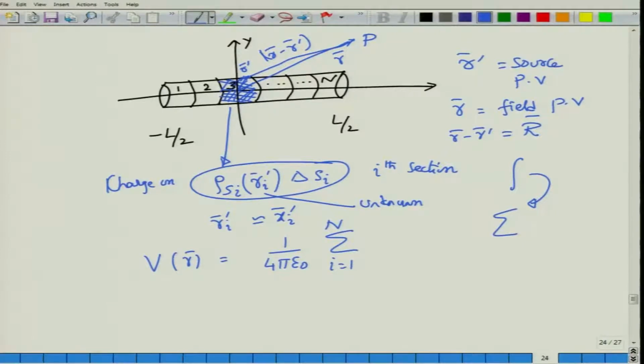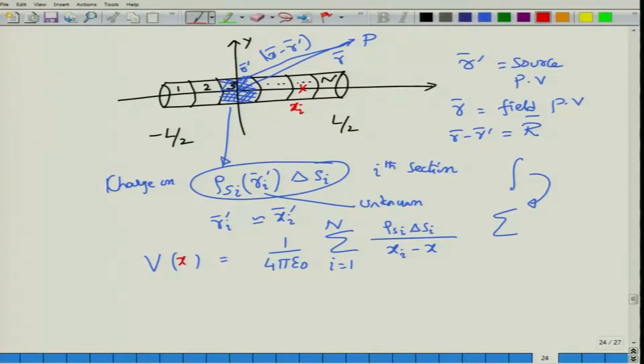I have made n sections of the wire, so it would be i equal to 1 to n, rho s_i delta s_i divided by x_i minus... so we run into a small problem here, because I have to specify not the potential at this point R, as I thought I would want to, but the potential at this particular point, which would be say x_i. So instead of considering a general point R in the xy plane, I am trying to find the potential on the wire. I will tell you in a moment why I am doing this.